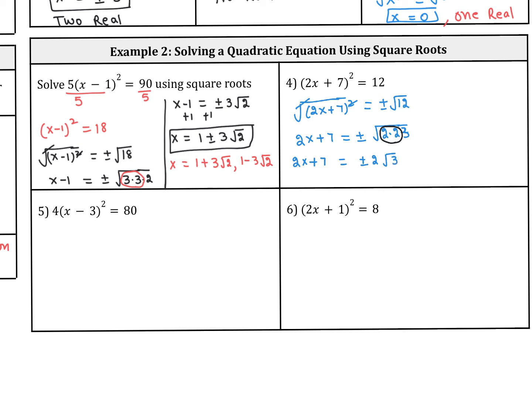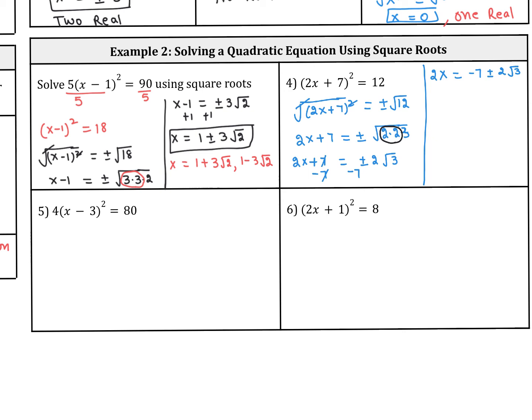Now you're going to solve for x. So it means that you're going to subtract 7 on both sides. 7 and 7 cancel. So you got here 2x equals negative 7 plus or minus 2 square root 3. And now you're going to remove 2.